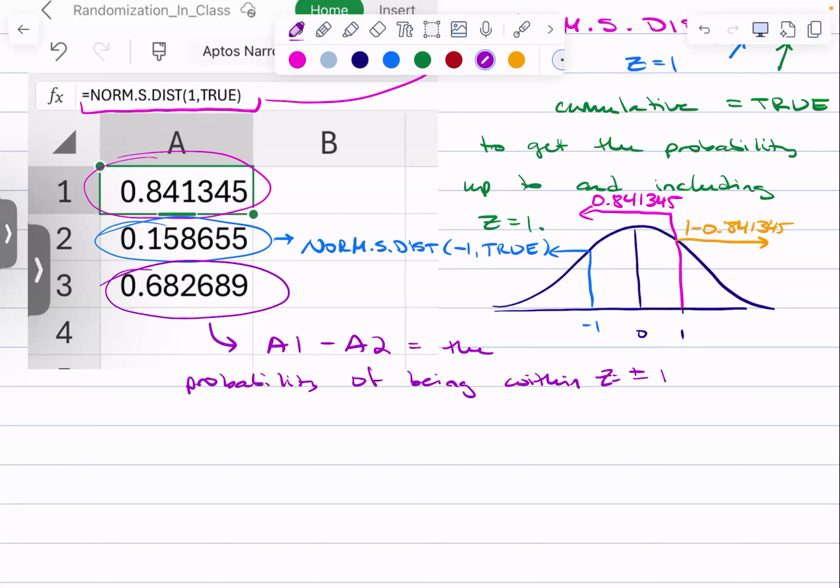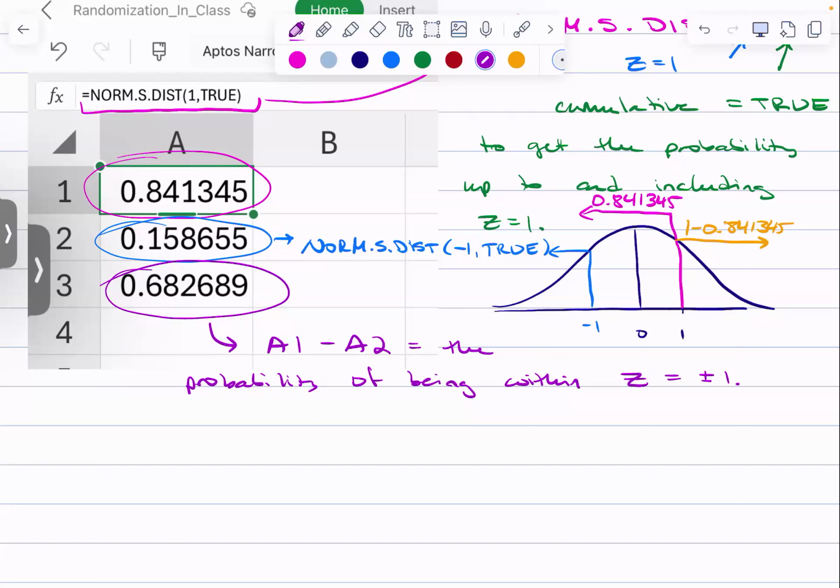Oops, I'll clean that up. But roughly 68%, right? And roughly 0.16 in the tails, right? 0.158655.